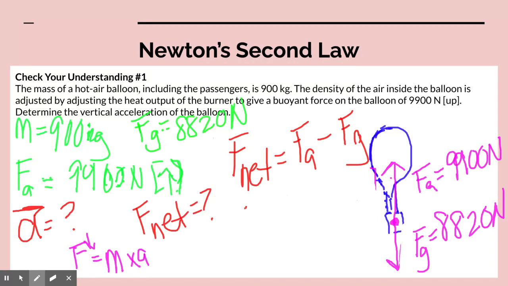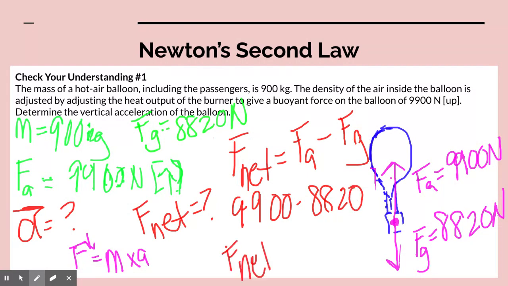So if we take 9,900 minus 8,820, we should get the net force. Wow, our net force here should equal 1,080 newtons. And not just 1,080 newtons, 1,080 newtons in the upward direction.